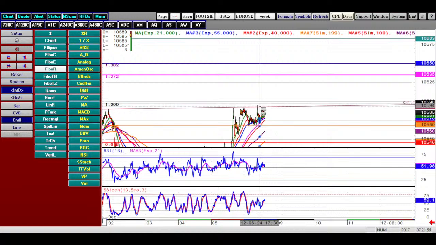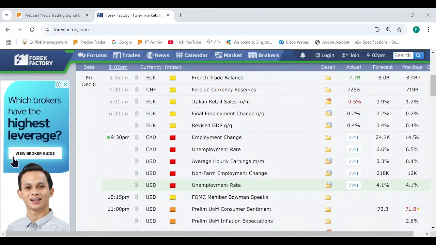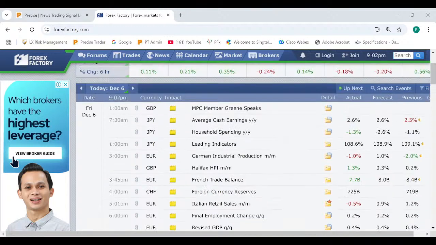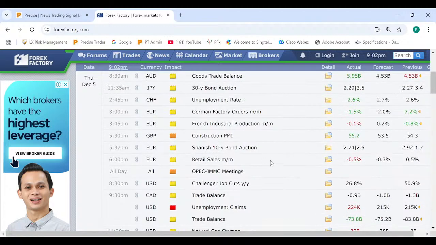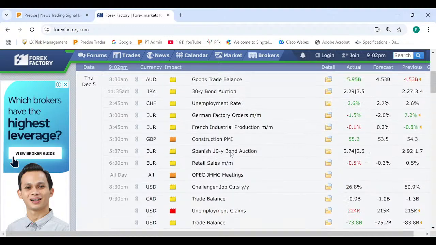So we are expecting the data to be bad, because last month it came out to be 12K. This month, I don't know. Let me see what the ADP was, the day before yesterday.